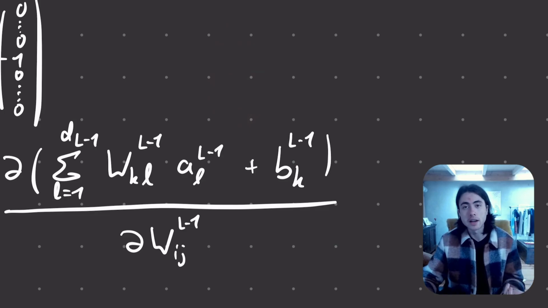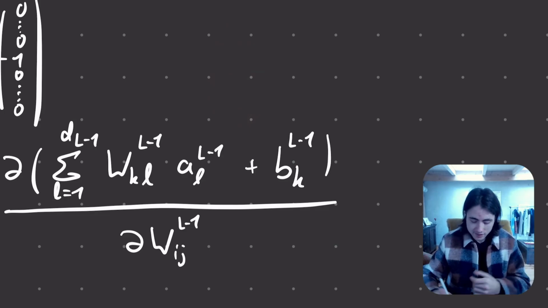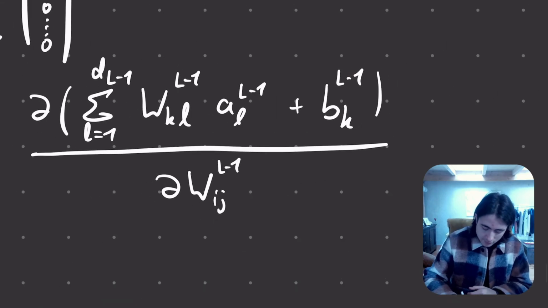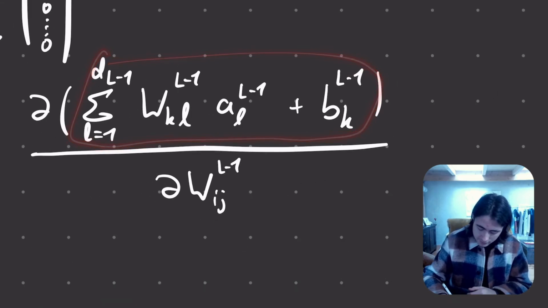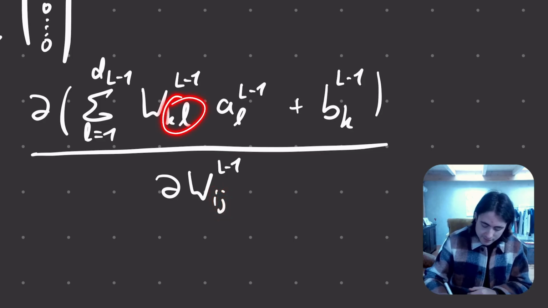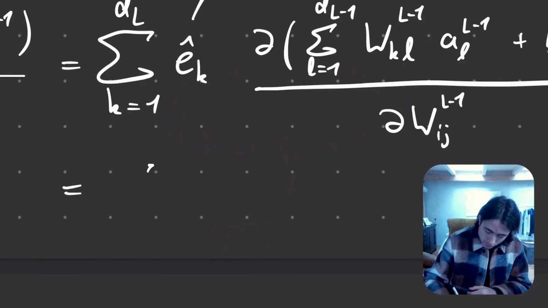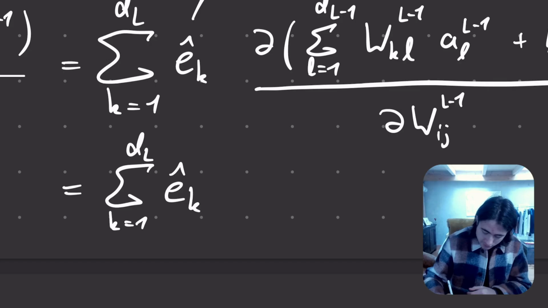It's only when we differentiate an expression that actually contains the parameter that we get something that's non-zero. So the only case we get something that's non-zero from this expression here is if the ij indices are the same as k and l. In all other cases, the derivative is just 0, because this variable is a different variable than all of the others here. Okay, so knowing that, we can write down two conditions that have to be met.